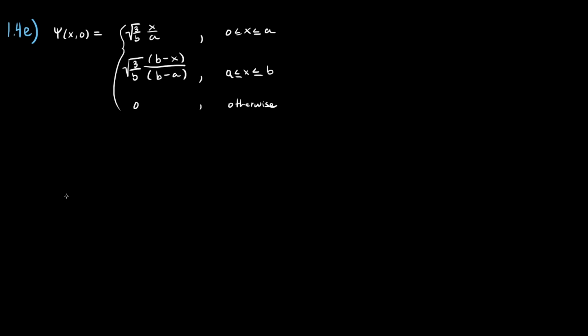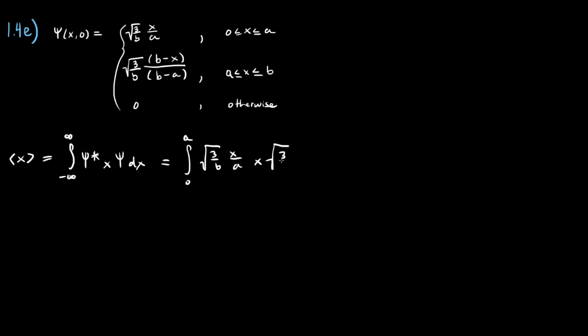Problem 1.4e asks us to find the expectation value of x, and this is equal to the integral from negative infinity to infinity of the complex conjugate of the wave function times x times the wave function dx. So from the interval from 0 to a, it's square root of 3 over b, x over a, x, square root of 3 over b, x over a, dx.